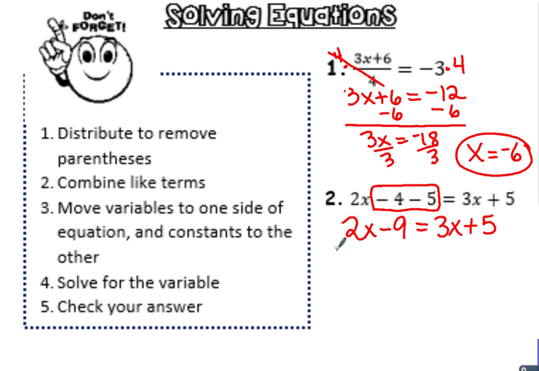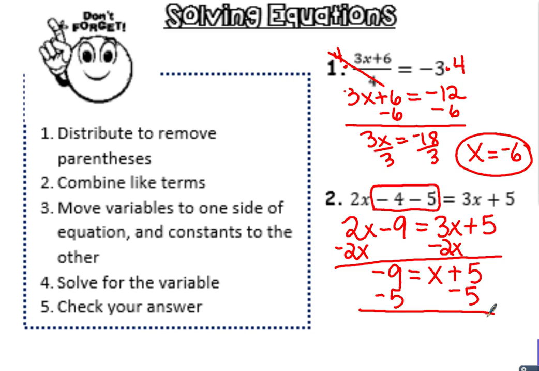So I'm going to move my 2x to the right. That leaves me with negative 9 equals x plus 5. And then I'm going to move my constant of 5 to the left by subtracting. And that gives me negative 14 equals x. The proper way to write that would be x equals negative 14.